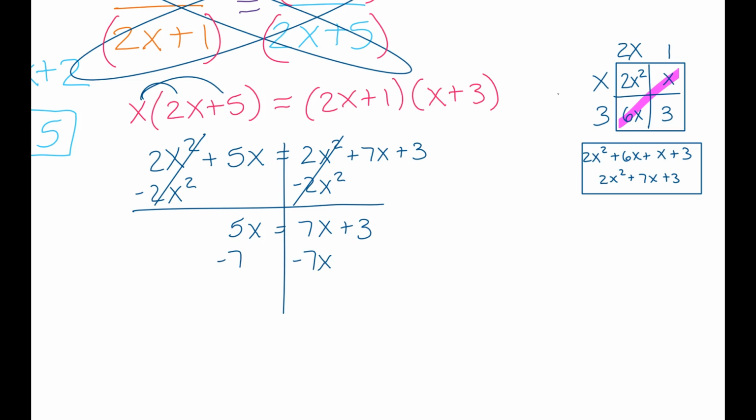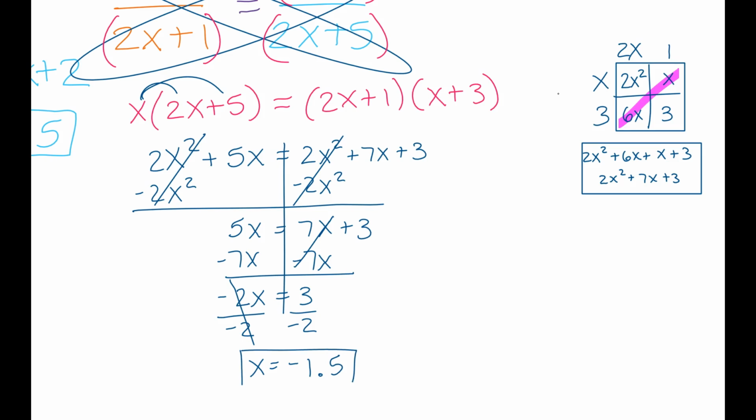Good. And then divide by. Perfect. And x is you could either do negative 3 over 2 or negative 1.5. Means the same exact thing.